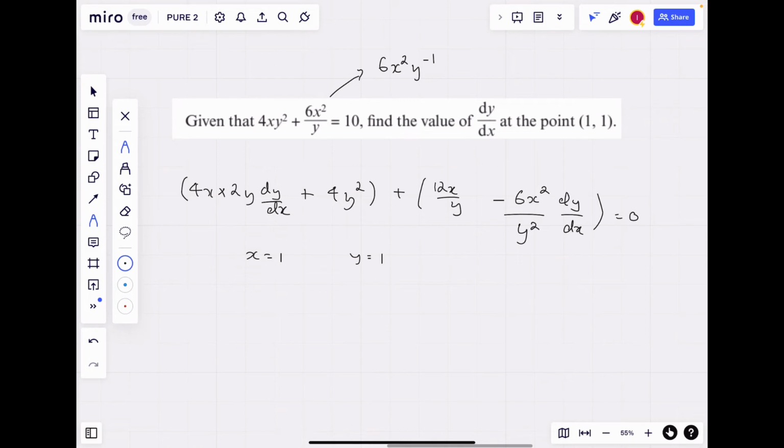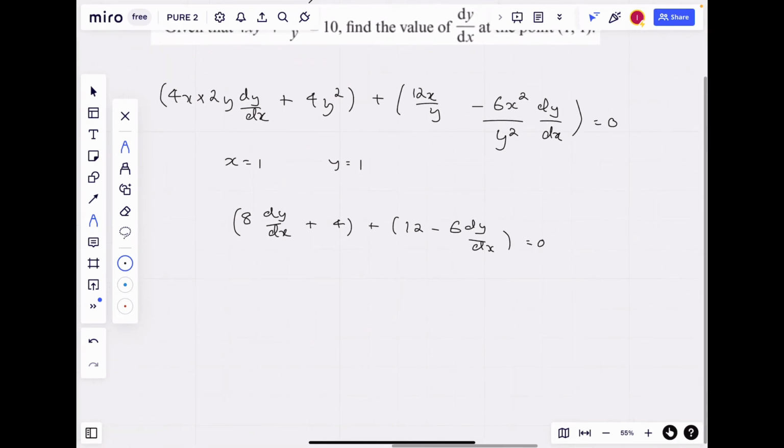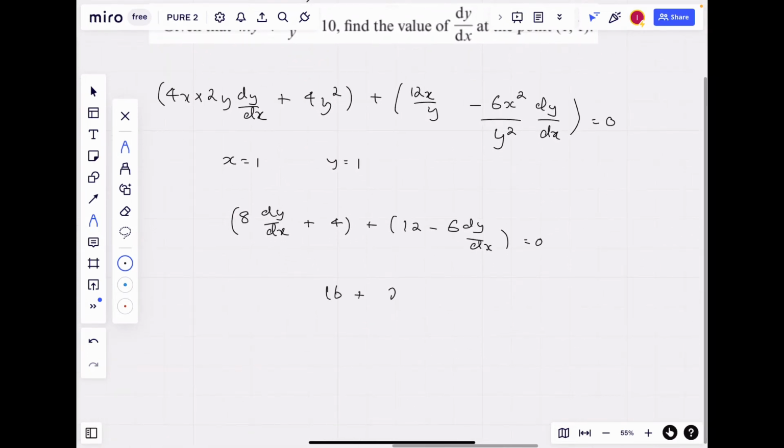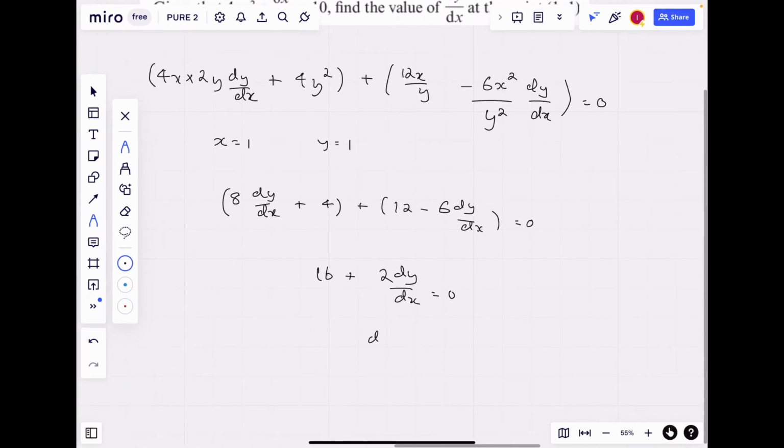You're going to plug those in. After plugging those in, you should get 8 dy by dx plus 4 plus 12 minus 6 dy by dx equals 0. 16 plus 2 dy by dx equals 0. So that means dy by dx equals minus 8. There you go. Done.